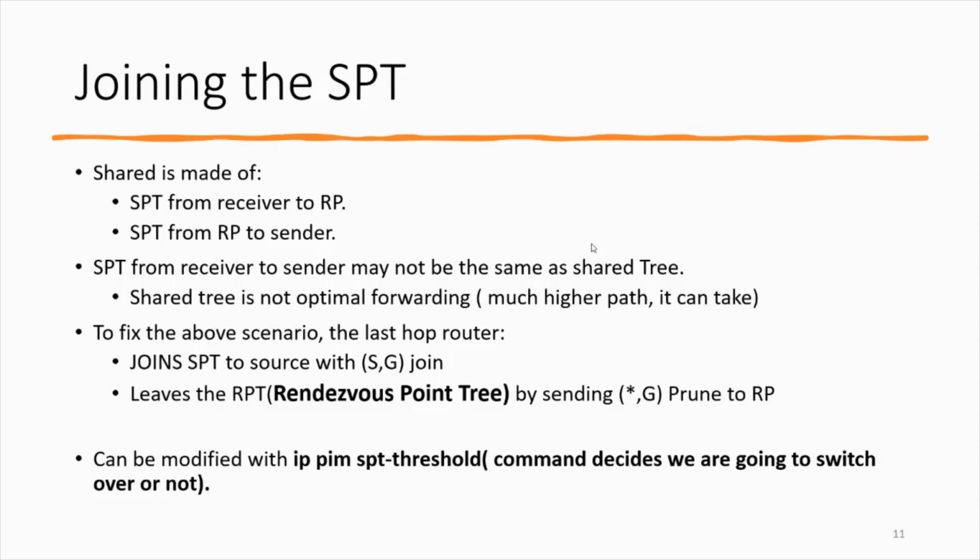To mitigate this issue, we make the last hop router join the shortest path tree towards the source, and it will install an S comma G entry in the routing table, while it leaves the RPT by sending a prune message to the RP. Some of the thresholds can be modified with the commands mentioned below.